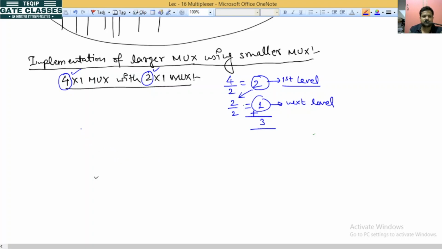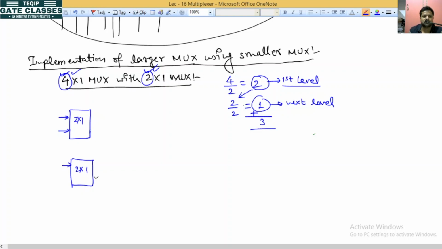So in the first level, how many 2x1 mux are required? In this level we require two 2x1 mux. Why? Because we have to manage these 4 inputs, and each 2x1 mux has 2 inputs, so two 2x1 mux will have 2 into 2, that is 4 inputs.